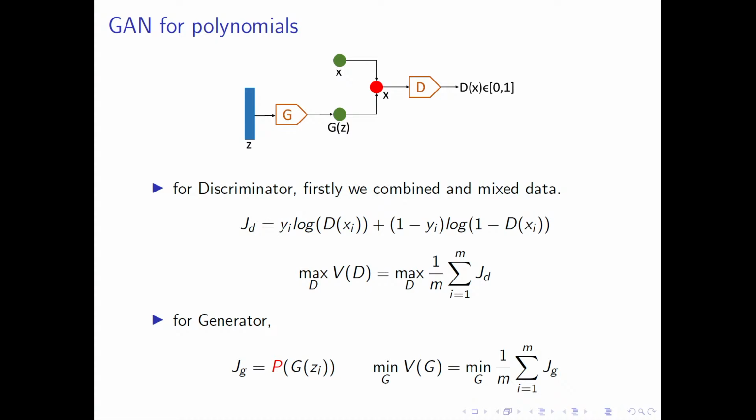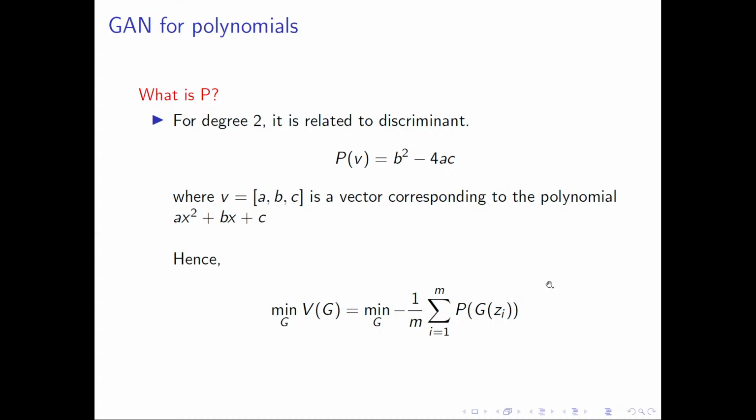So we try to find another loss function, and we call it p loss, with p, and we try to minimize the mean of these p losses. What is p? For degree 2, it is related to the discriminant. We know that it is really trivial.